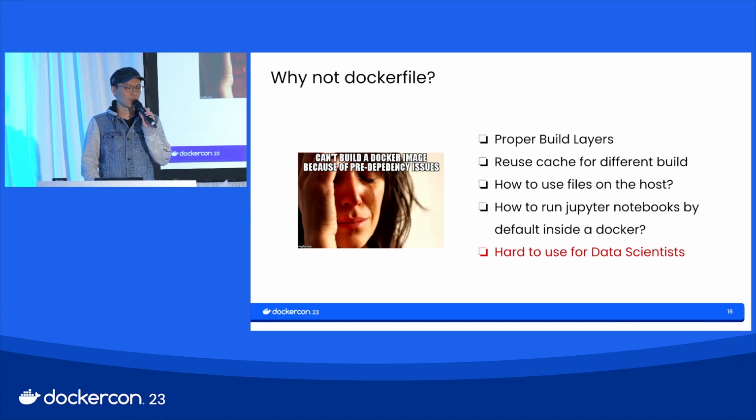There are many things to take into consideration, like how do you properly design the layers, and how to reuse the cache. So if you have two images that want to install PyTorch, how can you reuse the pip cache among them, and when you build the image, how to use the files on the host, and how to run Jupyter notebooks in the container, and also how to run the Jupyter notebook and TensorFlow simultaneously in the container.